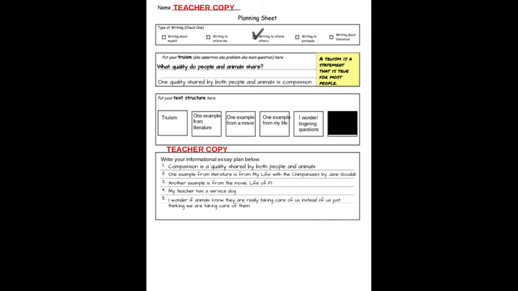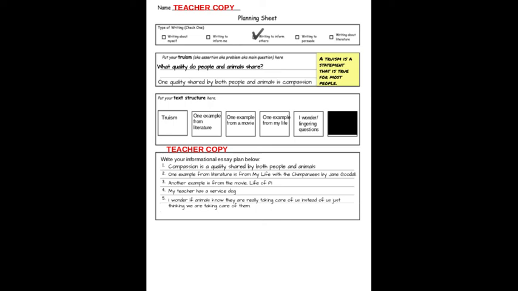So I wrote, I wonder if animals know they are really taking care of us instead of us just thinking we're taking care of them. These 5 statements represent the 5 paragraphs that I'm going to write in my essay.